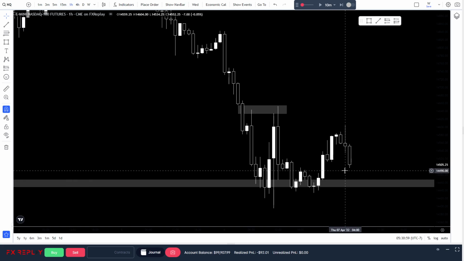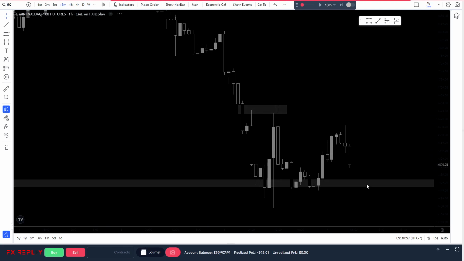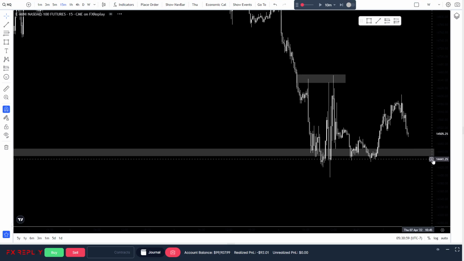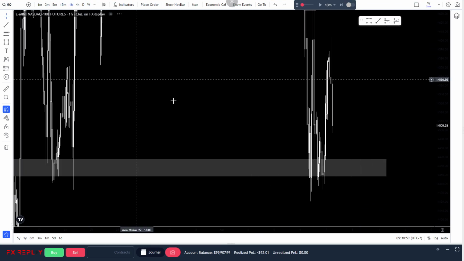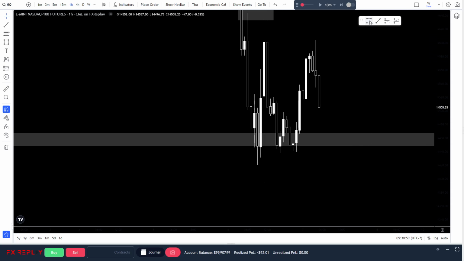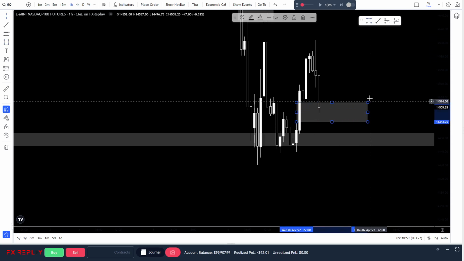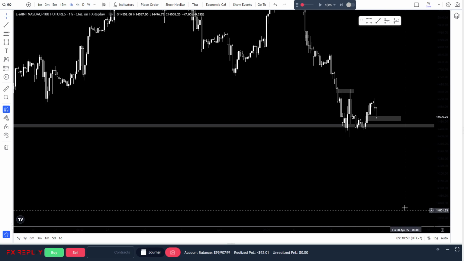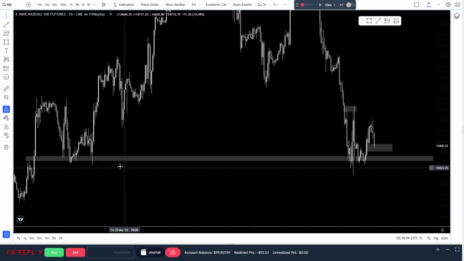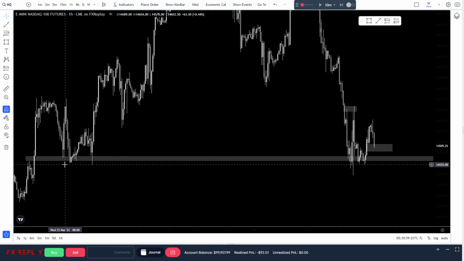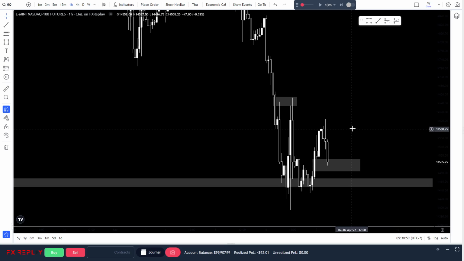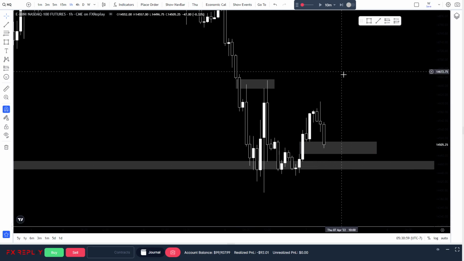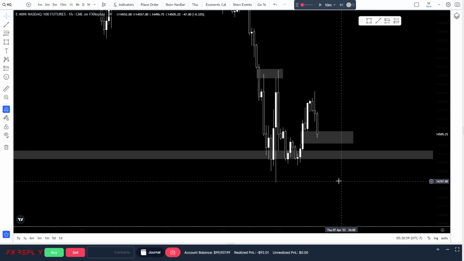So now, coming into New York session, on the hourly, great long setups are potentially going to come out of here. We have an hourly gap here. This looks like it might become a buy model because we swept this low, and now we might be seeing the start of a buy curve on this buy model.